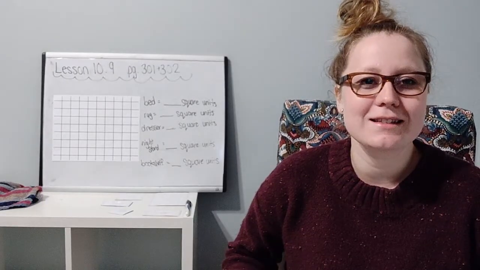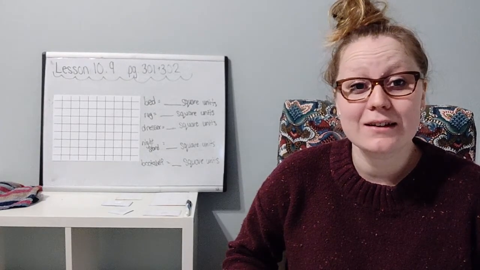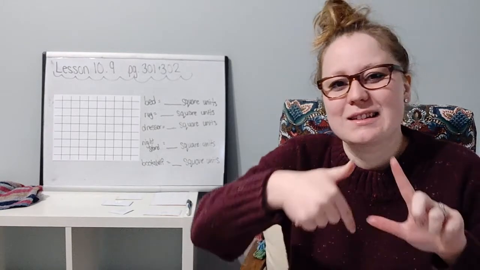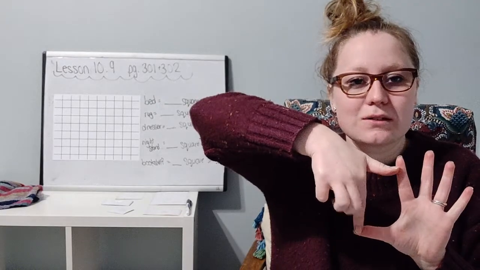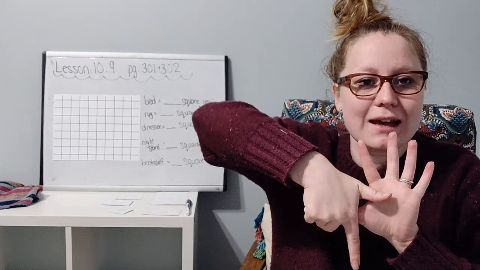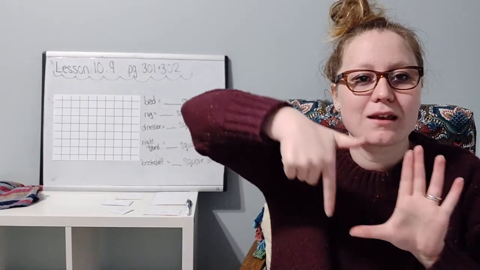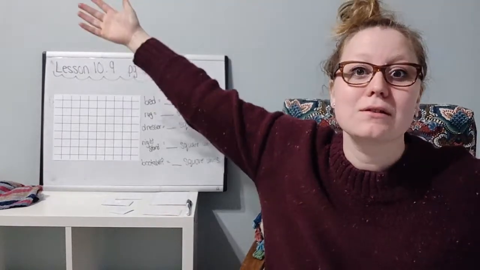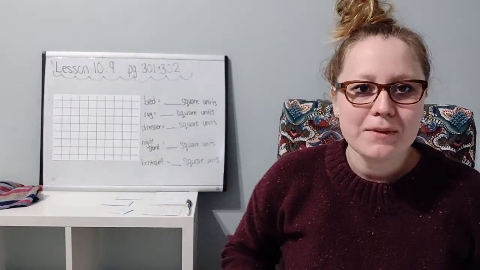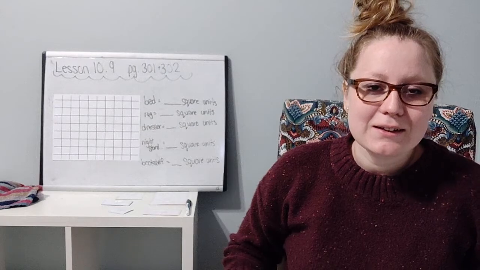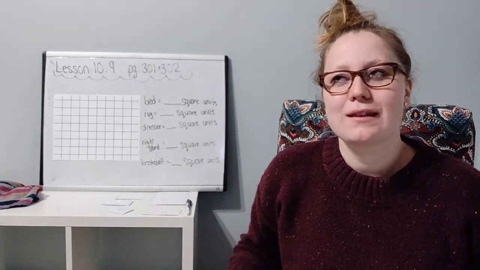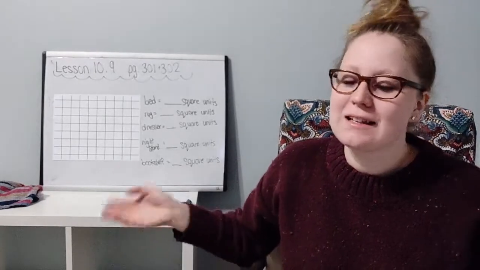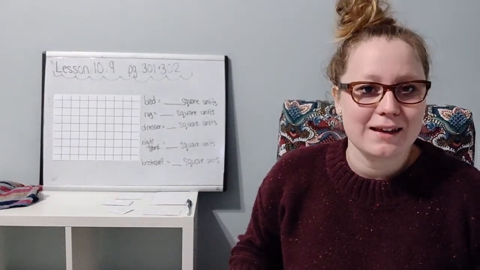So the square inches is how we would measure the area of something, because it's like we have those little squares, right? So our squares could be centimeters, really, really tiny. They could be inches, they could be feet, or they could be meters, and even bigger, right? What we're going to take a look at is square units today, and we could replace units with centimeters, meters, inches, feet, whatever we would like.